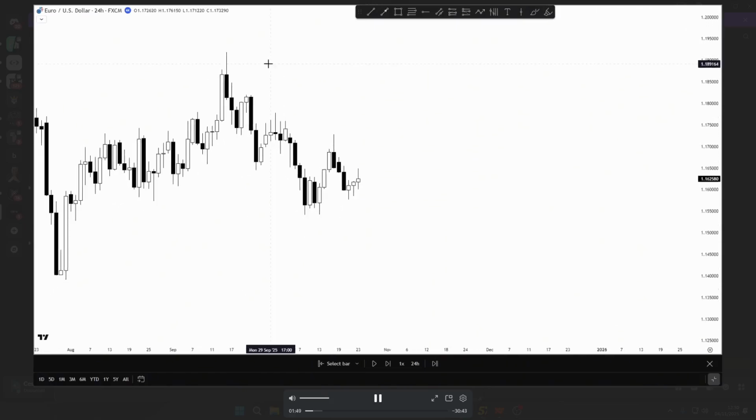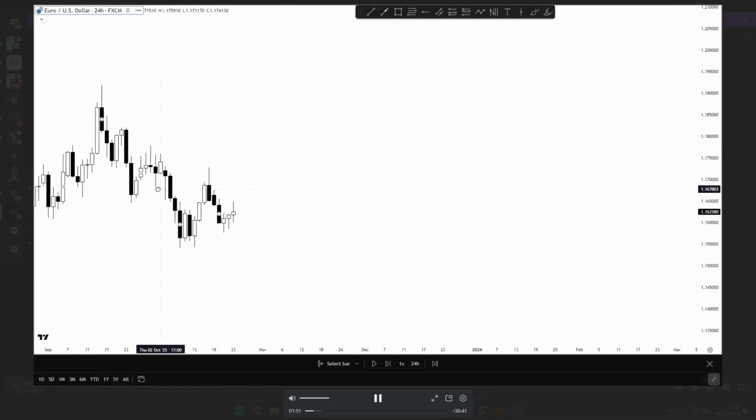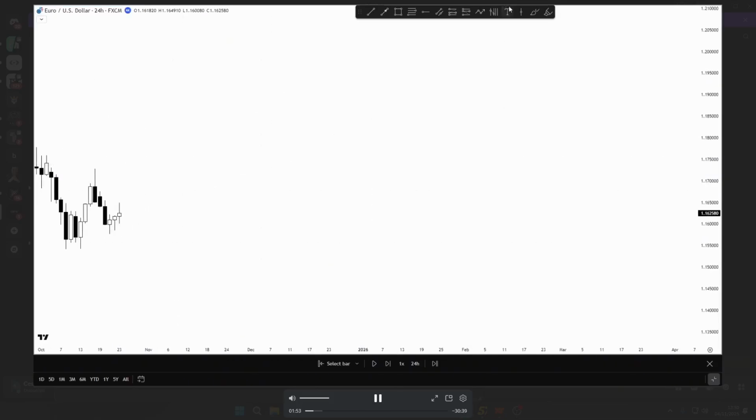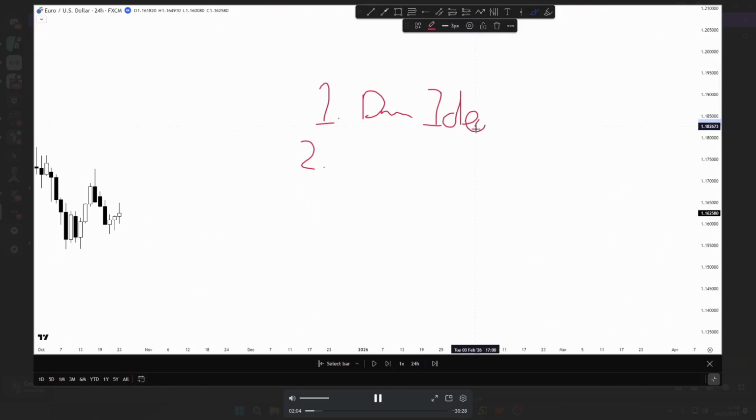So first of all, if you watched chapter 2, then you know that we have two steps or components for determining a directional bias. The first step is determining or building a directional idea through the concepts within the structure component.